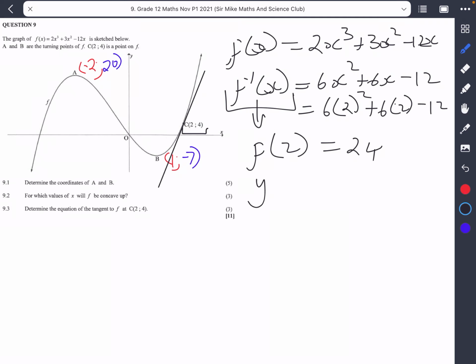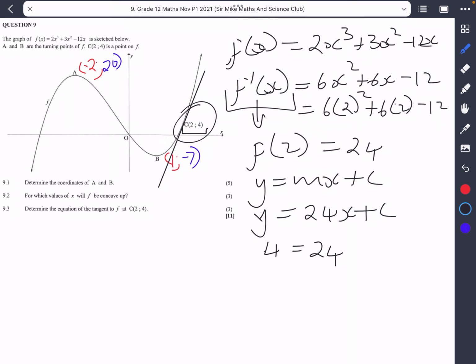So the equation is y equals mx plus c. Now we know the gradient at that point, so y equals 24x plus c. To find c, I am going to take that point and substitute it into the equation. So y being 4 gives 4 equals 24 multiplied by 2 plus c.